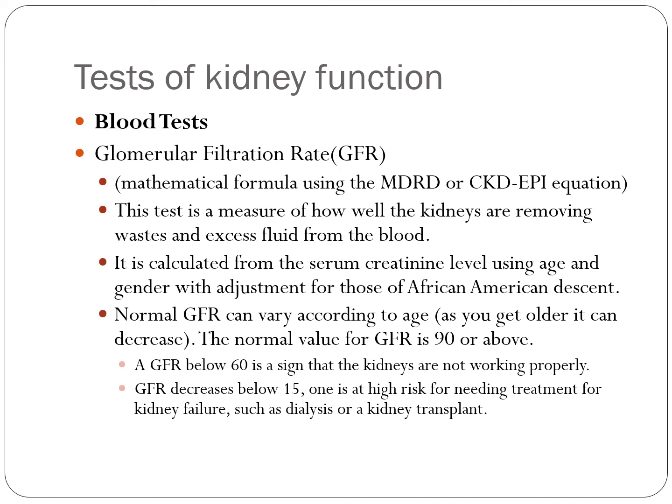The older you get, it can decrease. The normal value of GFR is 90 or above. A GFR below 60 is a sign that the kidneys are not working properly. If GFR decreases below 15, one is at high risk for needing treatment for kidney failure, such as dialysis or a kidney transplant.